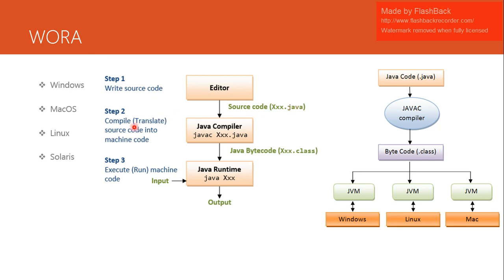Now, the next thing is that the Java compiler compiles your source code, which is in .java, to a bytecode, which always has the .class extension. So it is the same name, but with the .class extension.